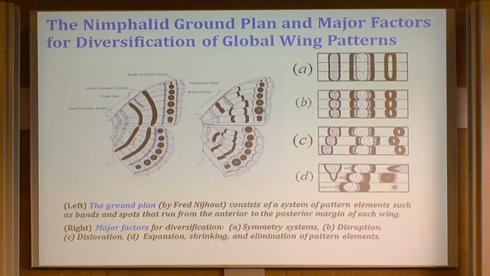A is the symmetry system. B is disruption, dividing the pattern into small areas by veins. C is dislocation, a slide along the veins that makes the pattern very complicated.